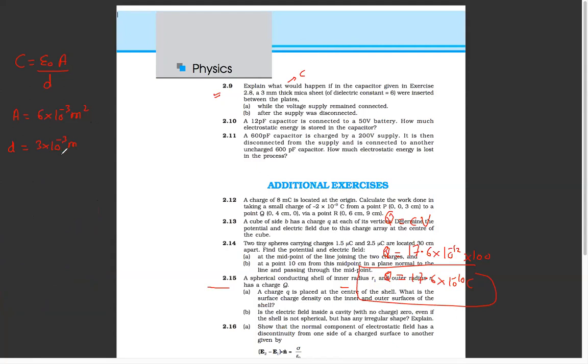So now this is area, this is D. Okay, now let's take your calculations. In between the plates of the capacitor, we have introduced a dielectric.